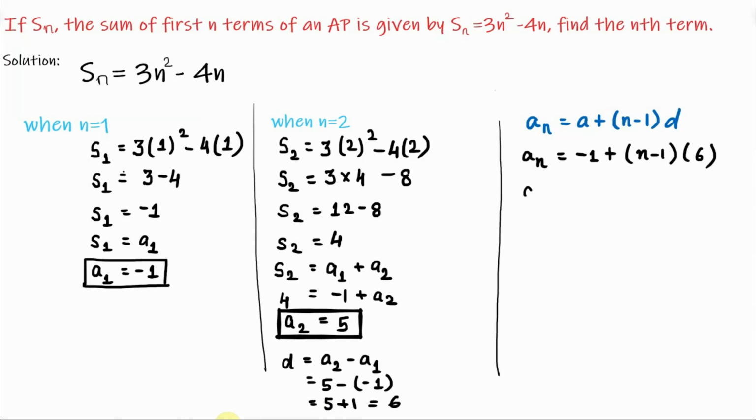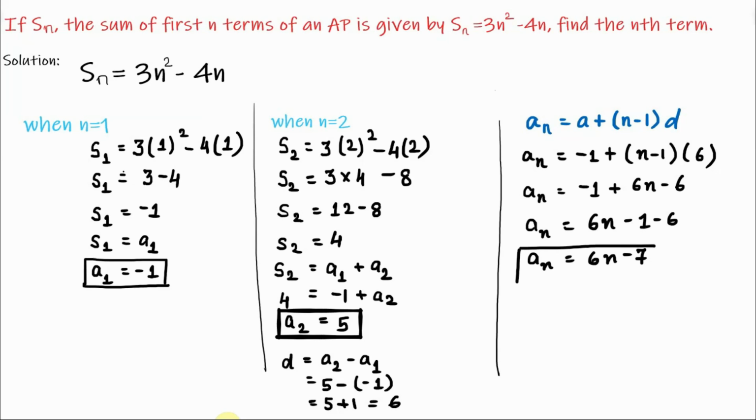So we get an equals -1 plus 6n minus 6. An equals 6n minus 1 minus 6, just rearranging it. So we get 6n minus 7. So this is the nth term. This is the final answer for us.